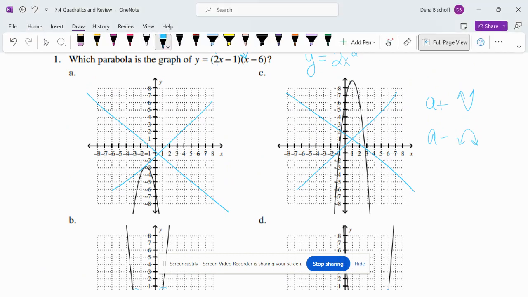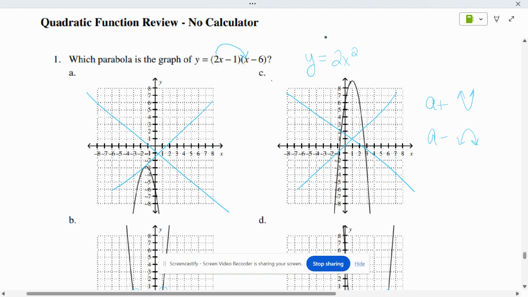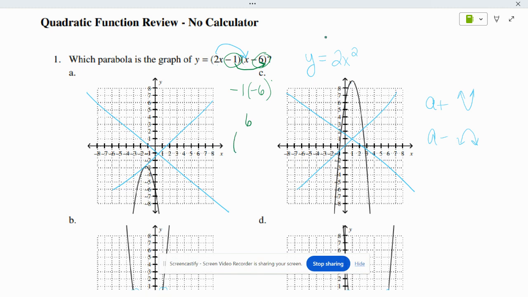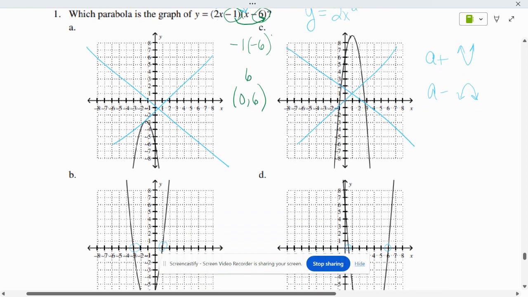Remember that your y-intercept is c. If you think about distributing or FOIL, it's the last term from each binomial. So that's just -1 times -6. What is -1 times -6? +6. So my y-intercept is the ordered pair (0, +6).